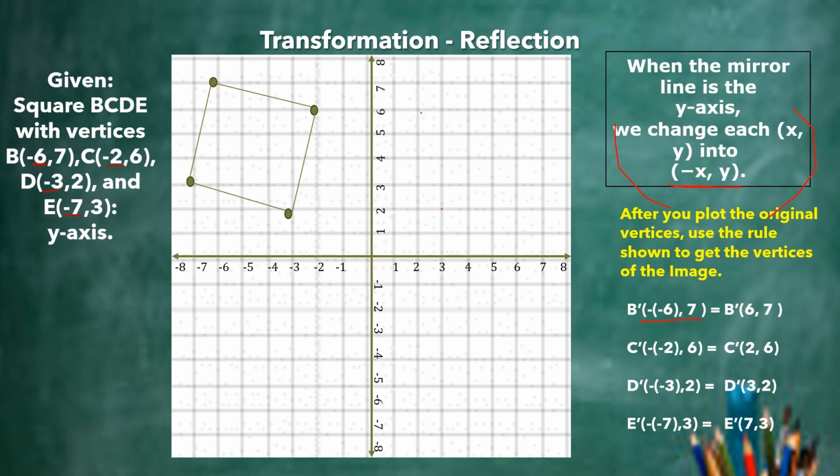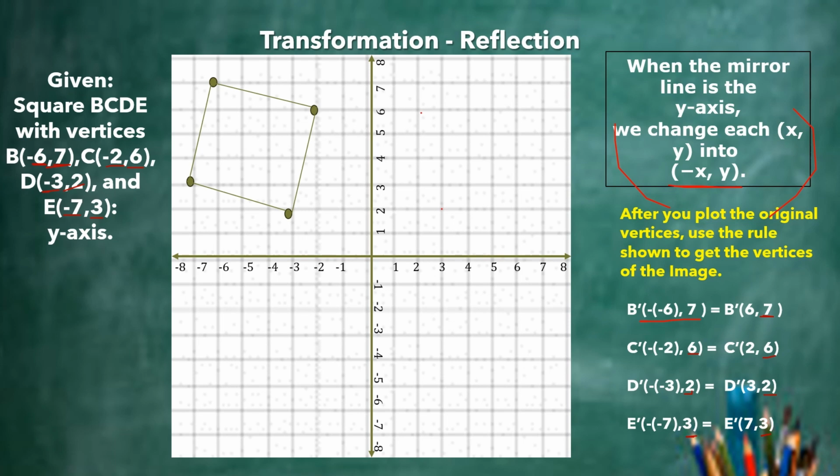Our y values will remain the same. And so that's why you see 7, and we had 7 over here. You see 6, and we still have 6 over here. And we have a 2, and we still have a 2 over here. And then the last y value was a 3, and we still have a 3 over here.